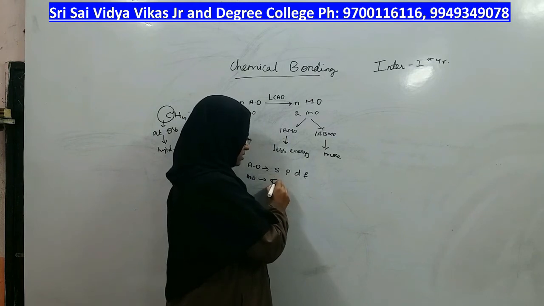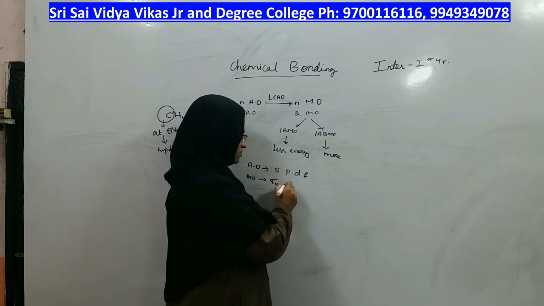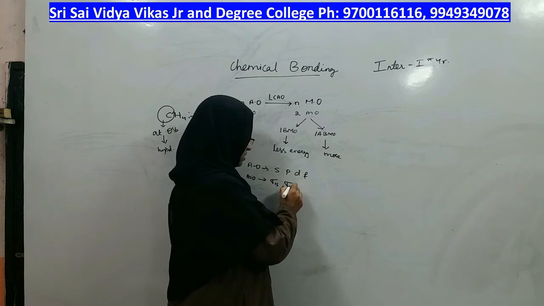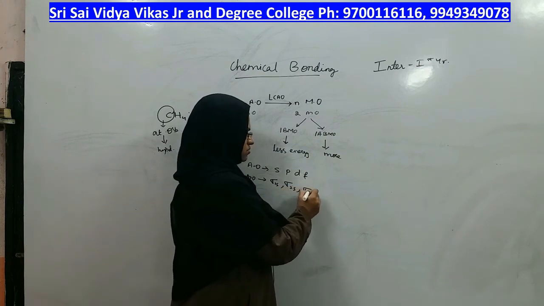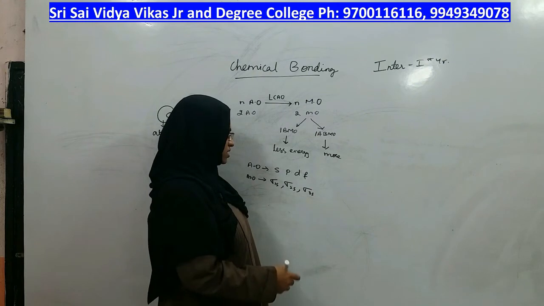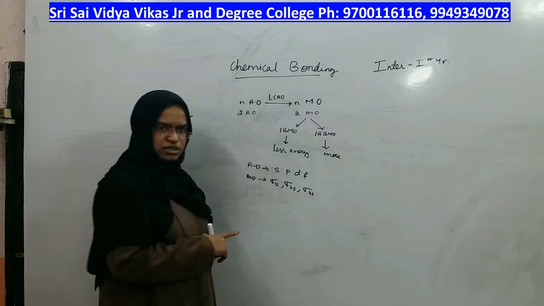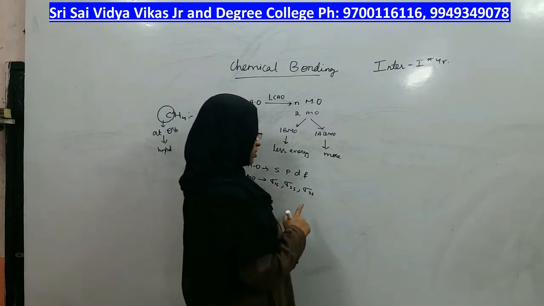Sigma 1s, sigma 2s, sigma 3s. Same continues for sigma. Sigma means it is not an atomic orbital, it is a molecular orbital.